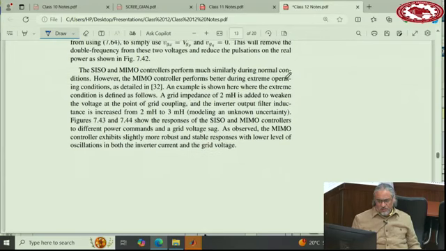I mentioned here that in most of the ordinary or normal situations, even within the normal range of disturbances and uncertainties, we checked that CISO and MIMO work very similarly. However, if you really push the system to the extremes, you will see the advantage of the MIMO controller.